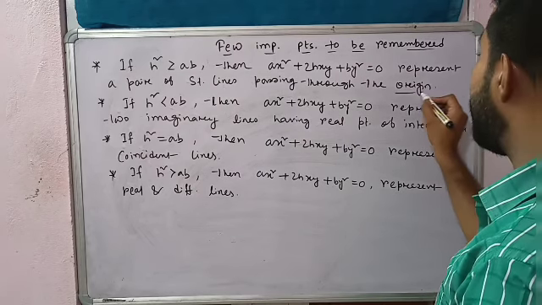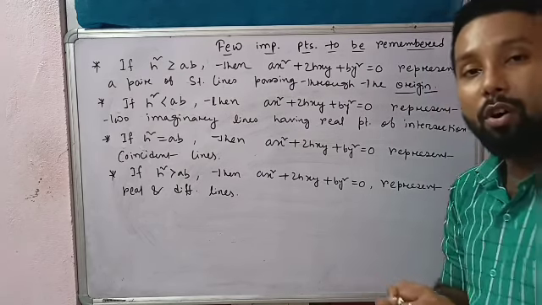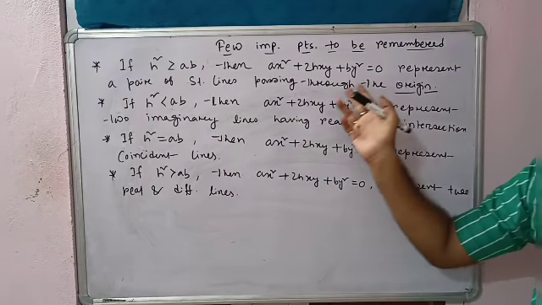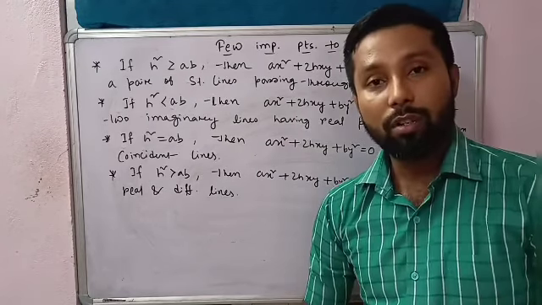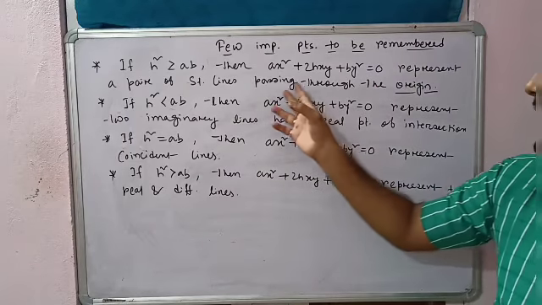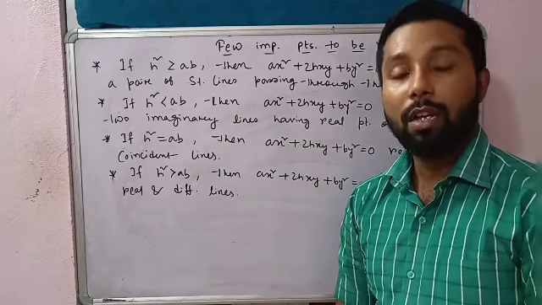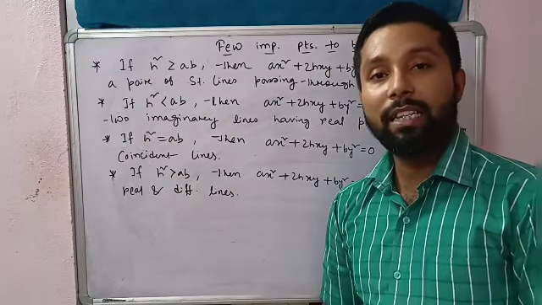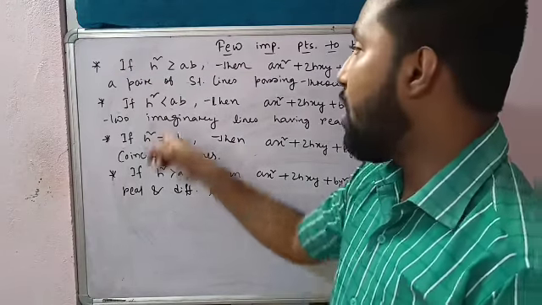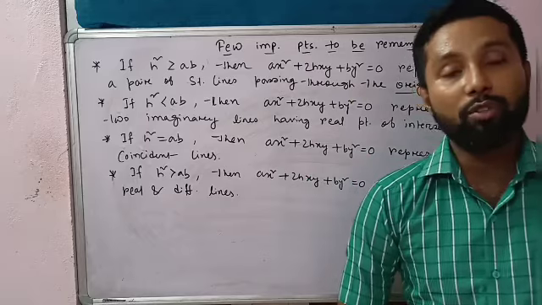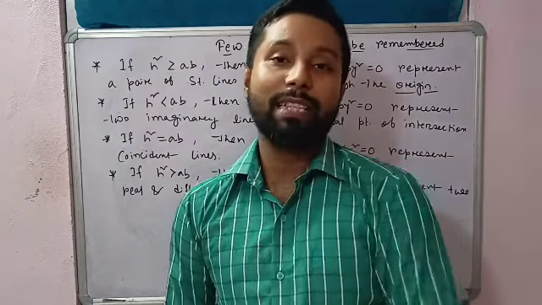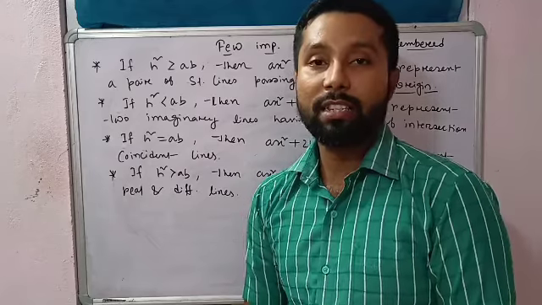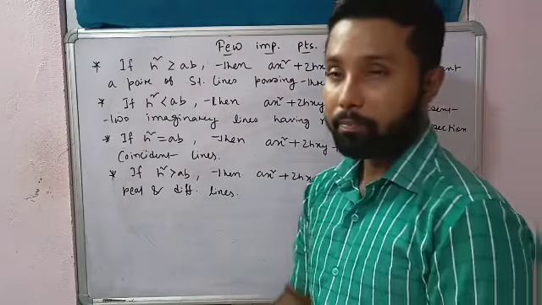So if the question asks whether the pair of straight lines is passing through the origin or not, then how can we check? h square must be greater than or equal to ab. Okay, if the value of h square is always greater than or equal to ab, then only we can say that the pair of straight lines is always passing through the origin. Okay, so this is the first condition.